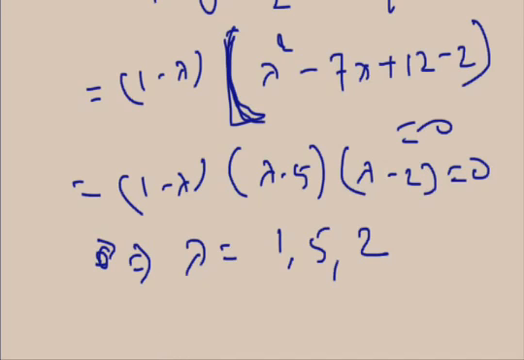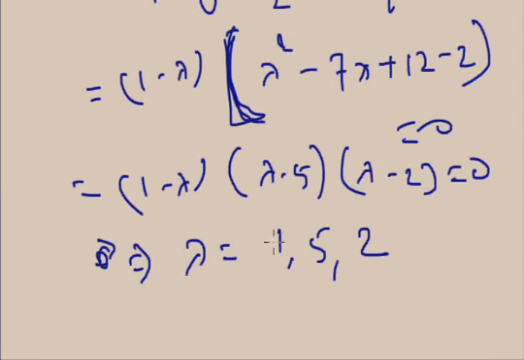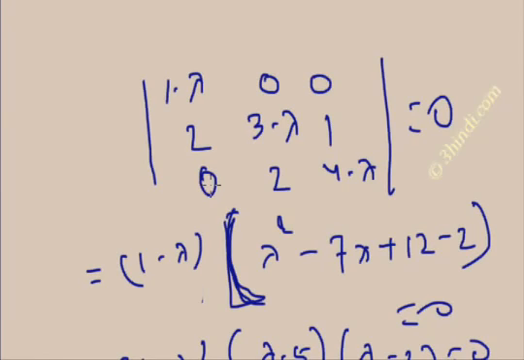The question asked is, for any one of the eigenvalues, find the corresponding eigenvector. So I am choosing first lambda equal to 1, and I will find the eigenvector for the corresponding matrix.